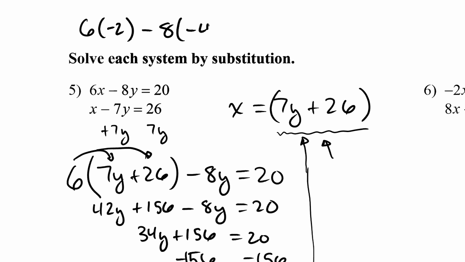So you can see here this is negative 12, and we're adding 32. And when I combine those two, I do get positive 20. So it works in the first equation.